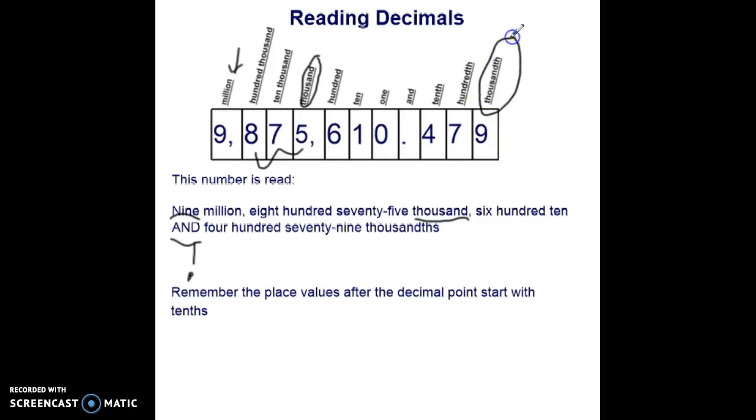Thousandths is our last digit, so that is what you write as the last place value in the written form. So again, you would say 479 thousandths. Remember, the place values after the decimal point start with tenths, hundredths, and thousandths.